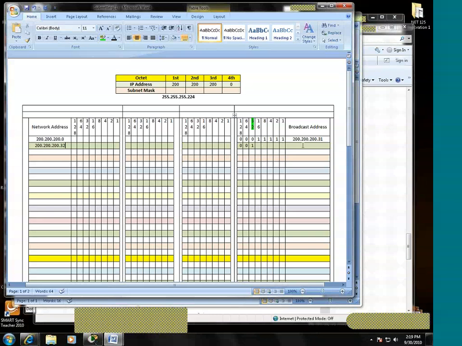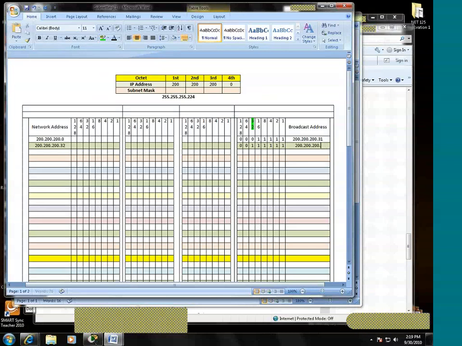Now we have to create the broadcast address, 200.200.200. How are you getting 63, Camille? Oh, you're adding the 31 host value to the network value. 31 plus 32, okay.